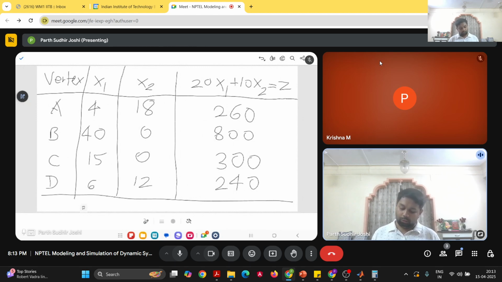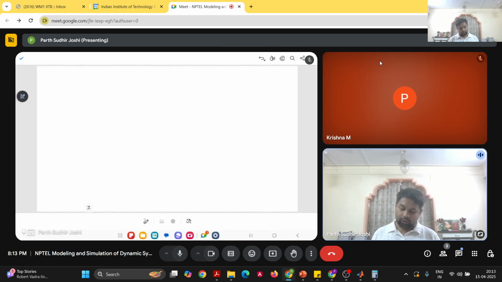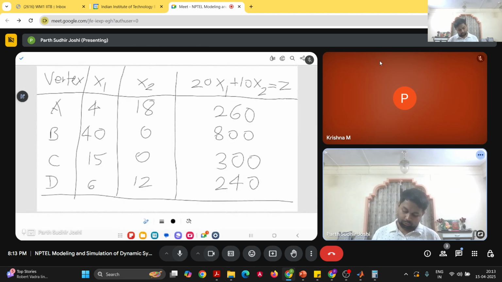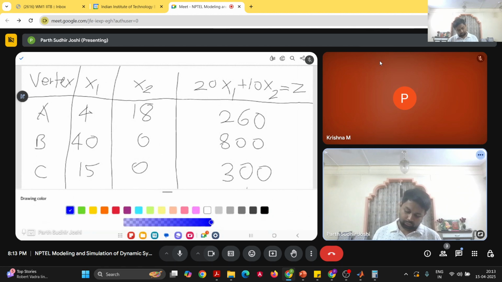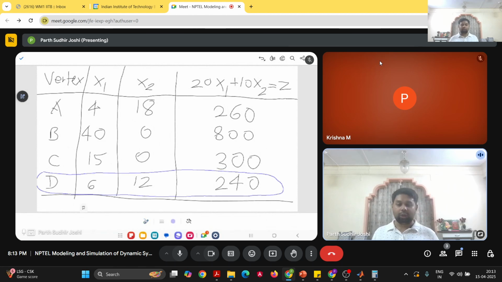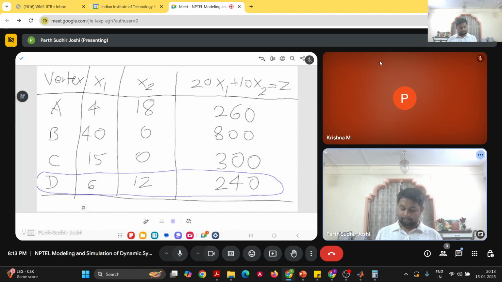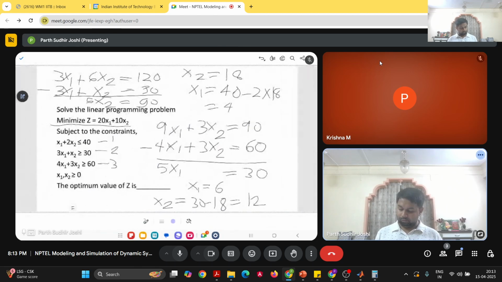So basically the optimum solution lies at vertex D, where our objective function value is the least. So the optimum value of Z here will be 240.